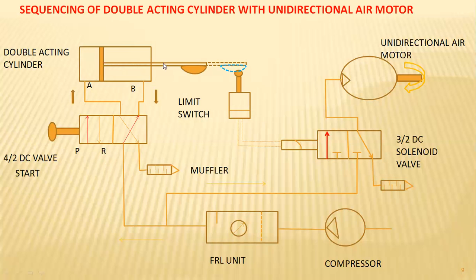When this extension has been completely achieved, there will be a limit switch which is operated by a notch existing in the rod end that strikes the limit switch, and that limit switch at that particular time gets compressed here, and upon limit switch energization the compressed air enters into the solenoid system, and hence this position will come into force.